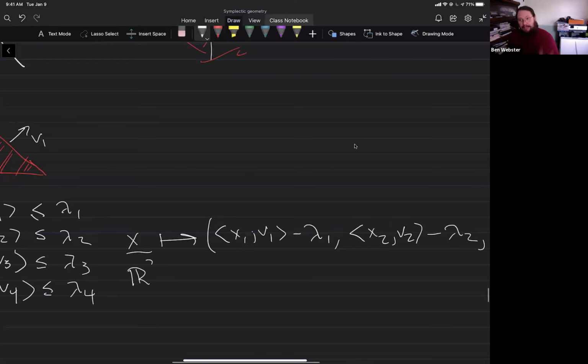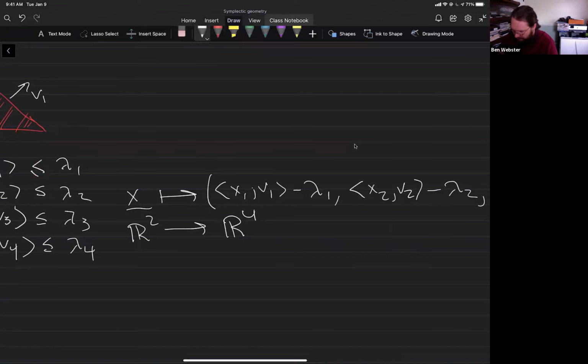And note it's not a linear map because I have that minus λ1, minus λ2, minus λ3, etc. So this is an affine map.